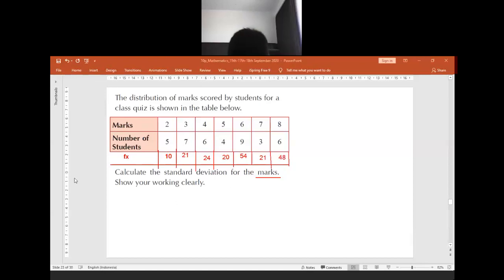So now we can find the sigma fx. What is the sigma fx? Sigma fx means the total for each value that we have from the fx. So we have to find the total from 10 plus 21 plus 24 and so on. Anyone already find it? 198.